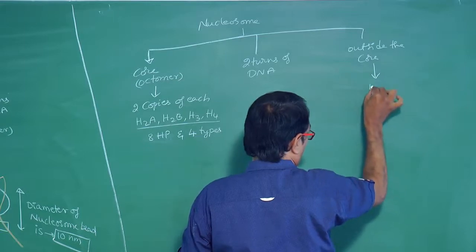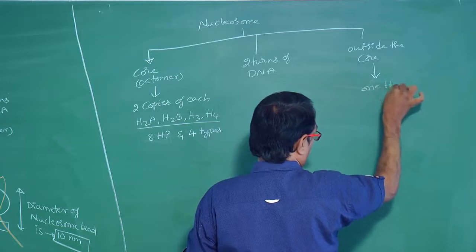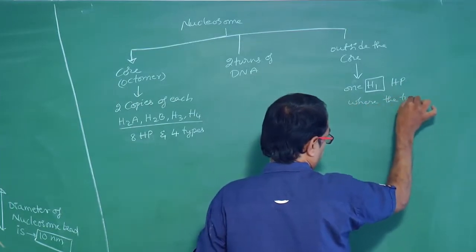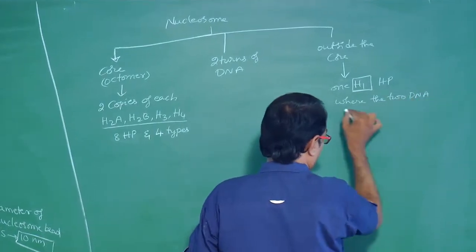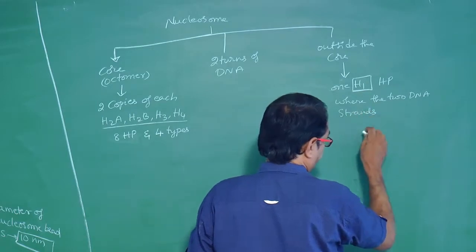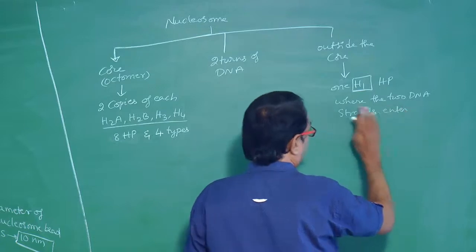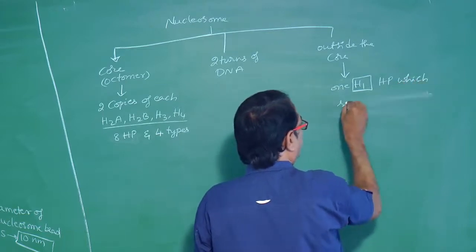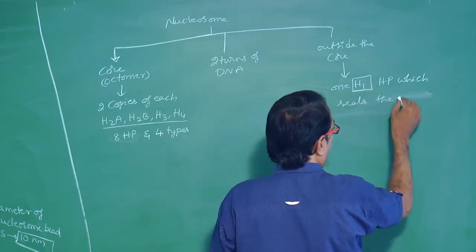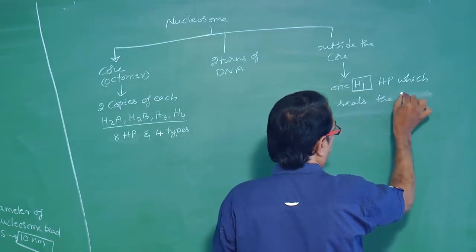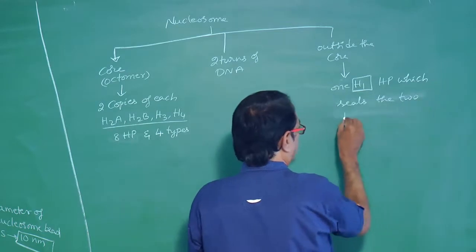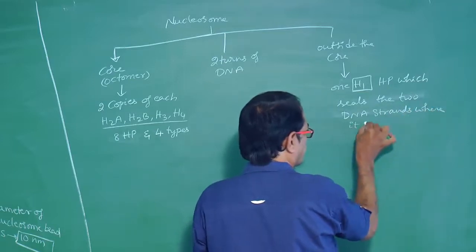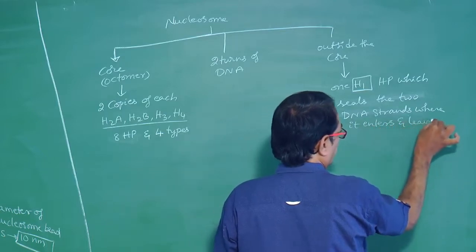Outside the core contains only one H1 histone protein, where the 2 DNA strands enter and leave the core.